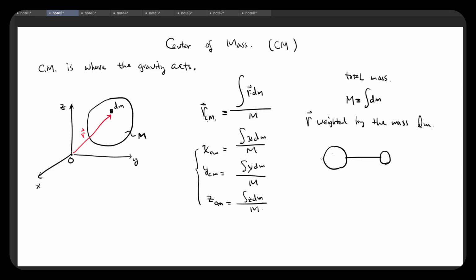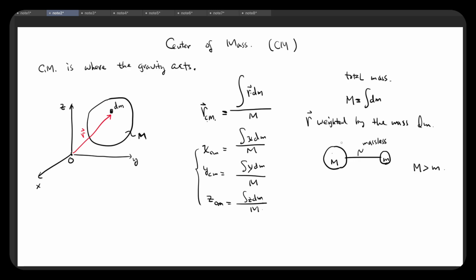So the lizard body here includes these two balls plus a stick connecting them. We'll call this side big M, and the other side little m, and big M is greater than little m. Now the stick that connects them, let's think about it as massless.